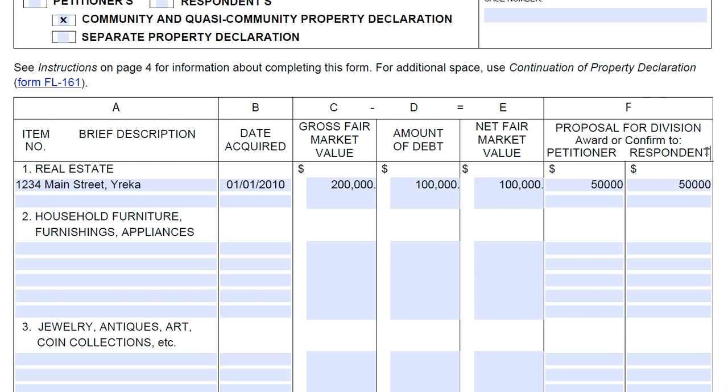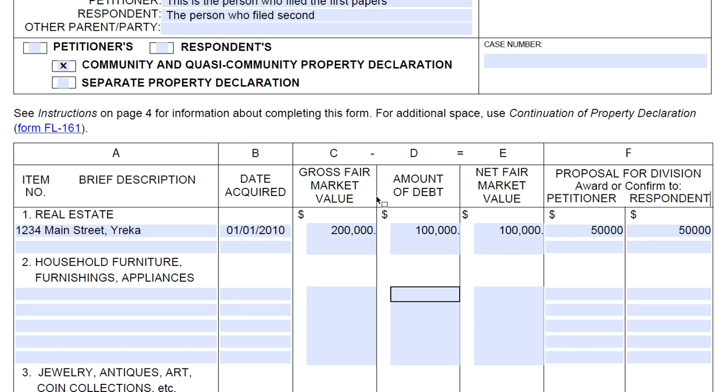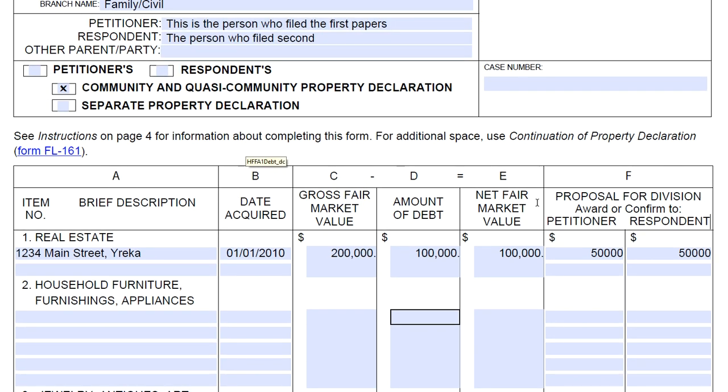So in this example, if you had a house that was worth $200,000 and you had $100,000 in debt, and this was your only asset, you had nothing else to put down on this declaration form, then the law would suggest that the fair distribution would be $50,000 to each party. You, as the person filling out this form, can suggest other amounts, but you will have to prove why the other amounts are fair and would work out.